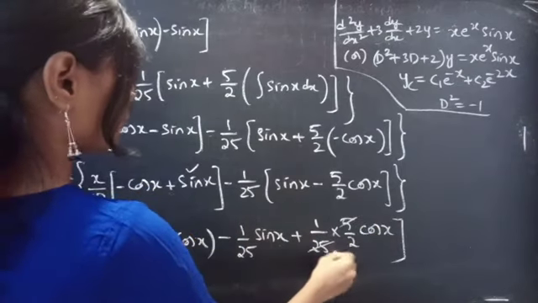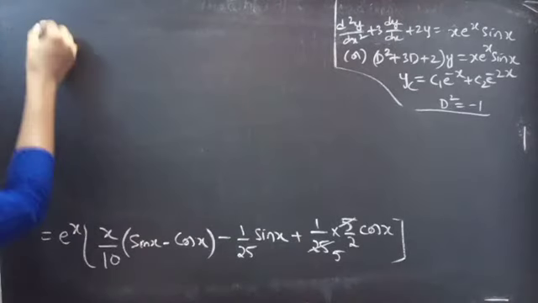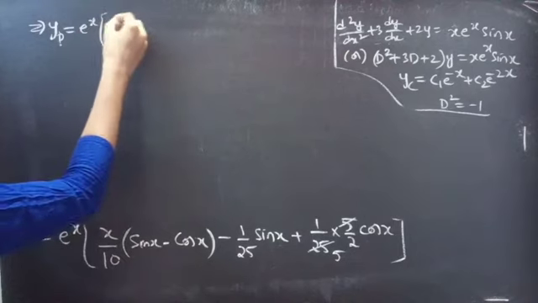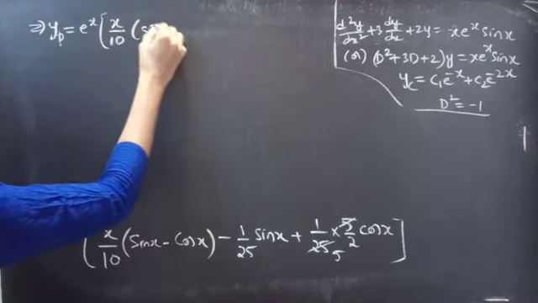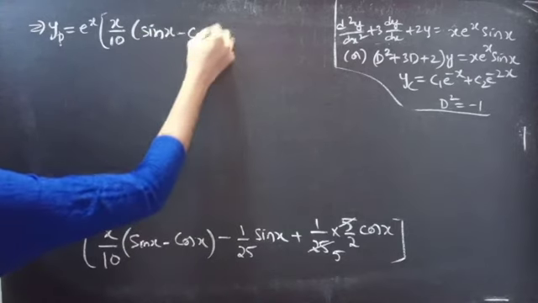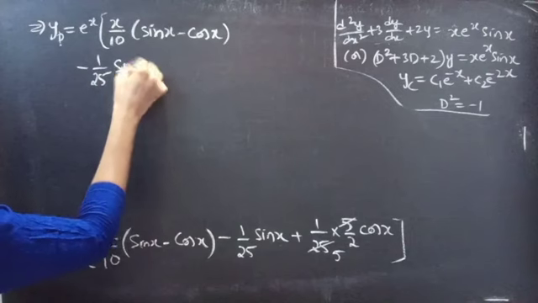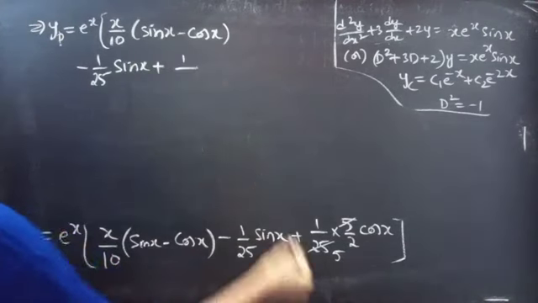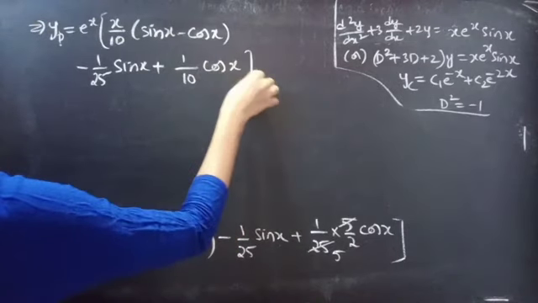5 1s are 5, 5s are 1. Then yp becomes e power x into x by 10 into sin x minus cos x minus 1/25 sin x plus 1 by 5 2s are 10 cos x.